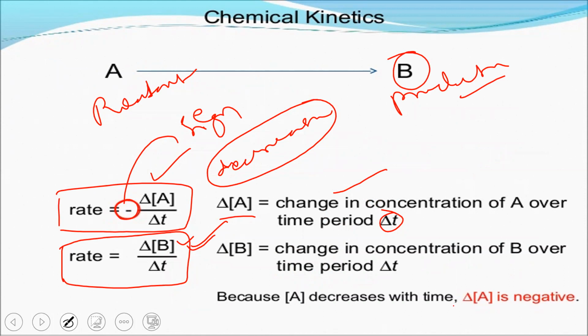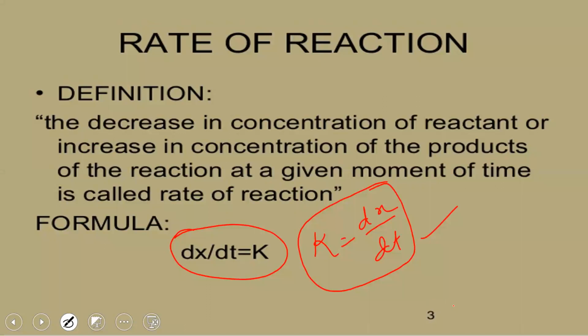Here negative means a decrease in the concentration, so that is why we mention the negative sign. With respect to products there is no sign: rate is equal to delta P by delta T. So finally, we can write the rate expression for any reaction as dx by dt is equal to k. This is the rate expression.